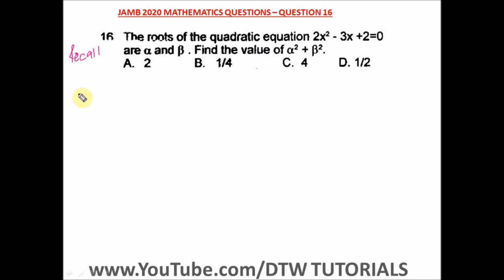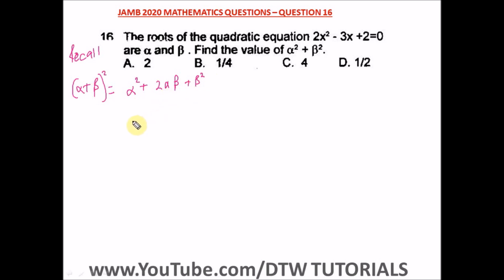So if you recall that alpha plus beta square is equals to alpha square plus 2 alpha beta plus beta square.